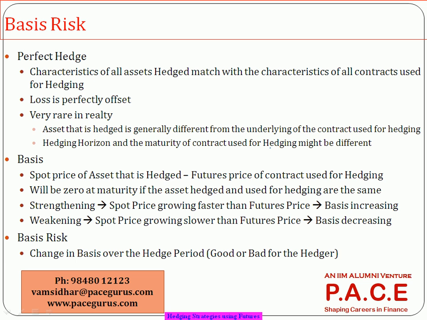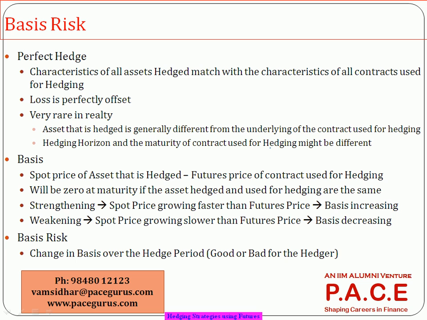At the max, I have up to October or something, but I have to protect my price until the next July. But the futures contracts are maturing in October itself. The largest possible maturity available on the exchange is October itself. How will I do the protection up to July? Even that is a risk.